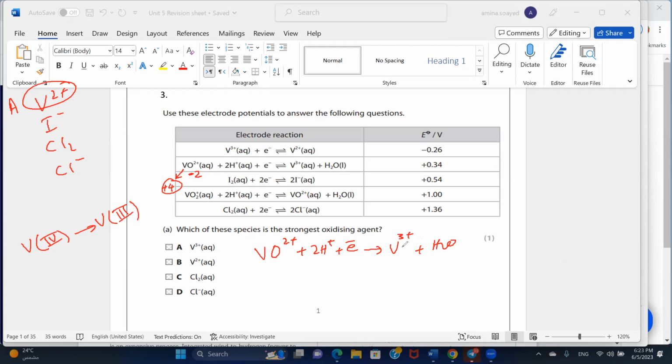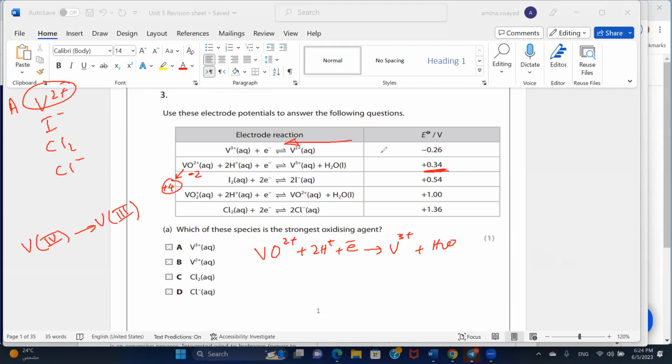So this means that the other one to react with it must be the one to be flipped, because we said that for the more positive E naught value, we leave the equation as it is, and the less positive is going to be flipped. So we don't have a less positive value than the plus 0.34 except the previous equation, this one.